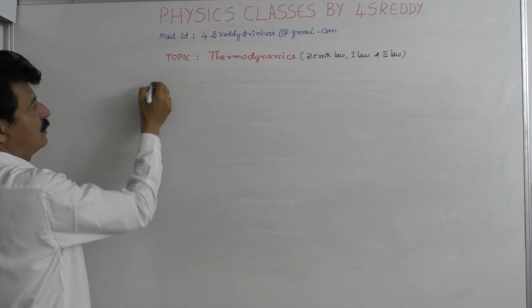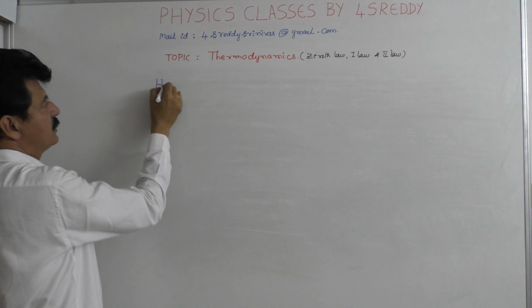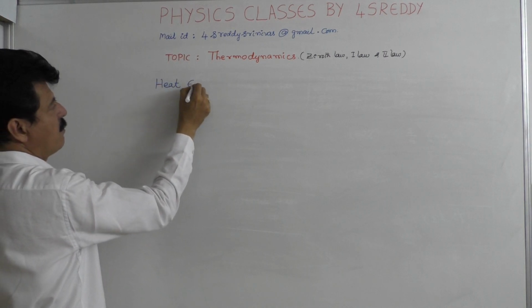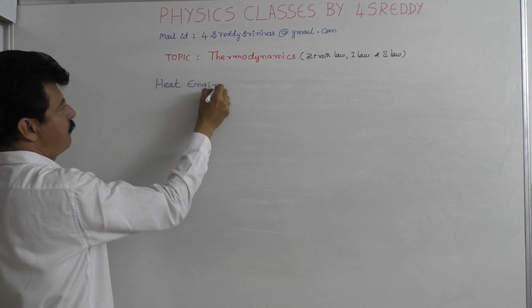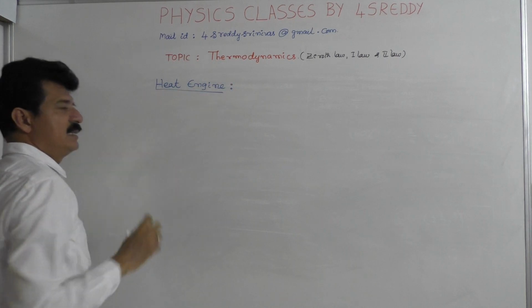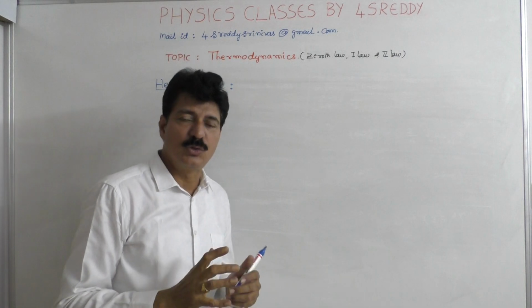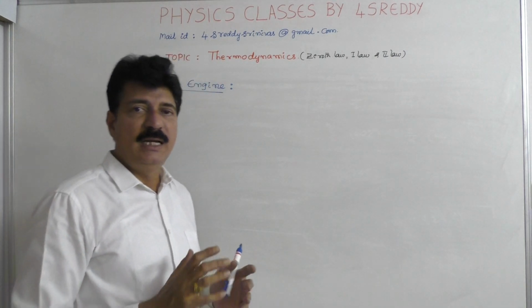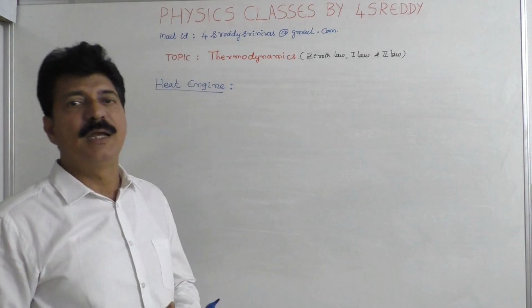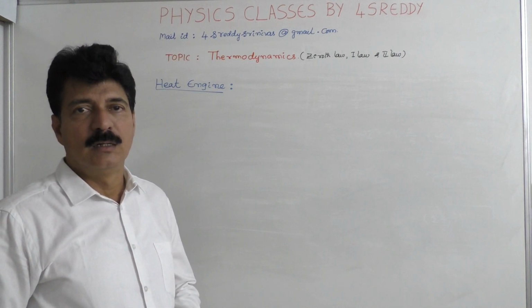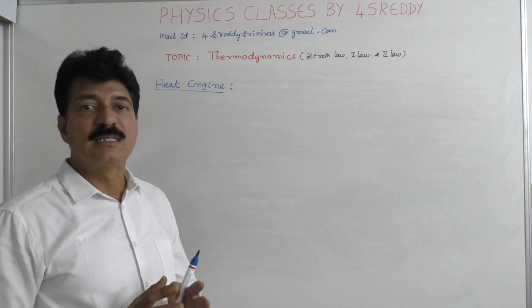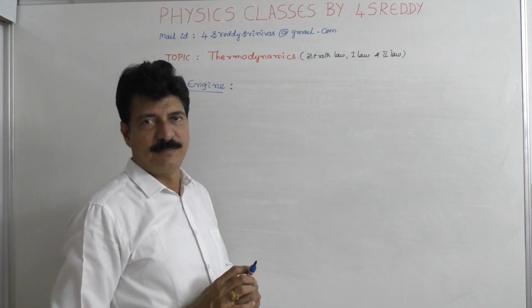In that, the first one is heat engine. What is meant by this heat engine? It is a device used to convert heat energy into mechanical work done in a cyclic process.